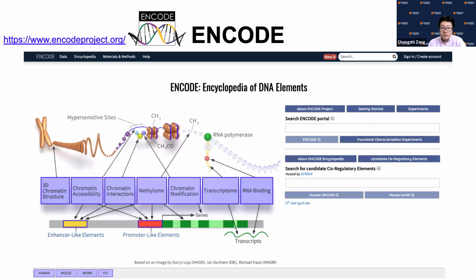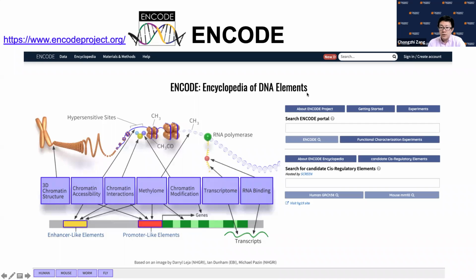Some useful data resources include ENCODE. ENCODE is a large consortium that generates a lot of data capturing epigenome information. So ENCODE stands for Encyclopedia of DNA Elements.